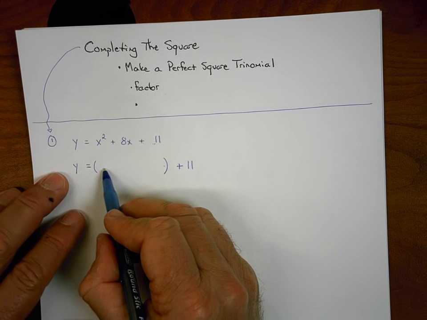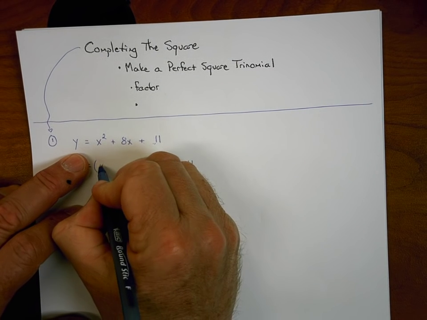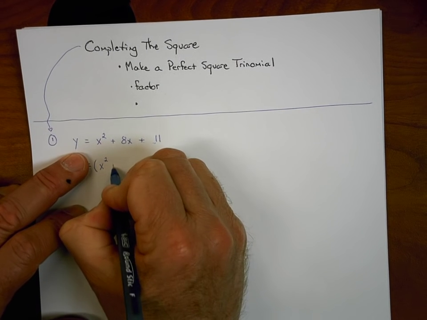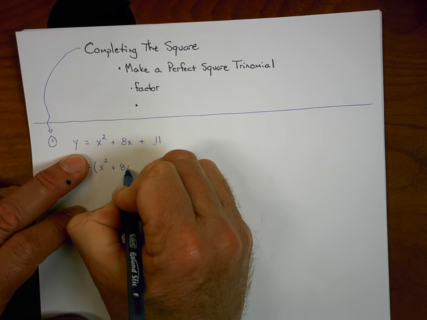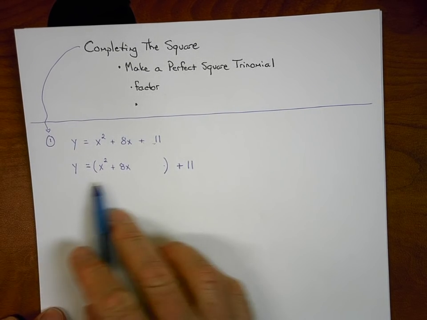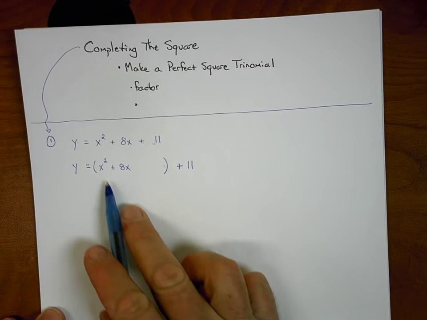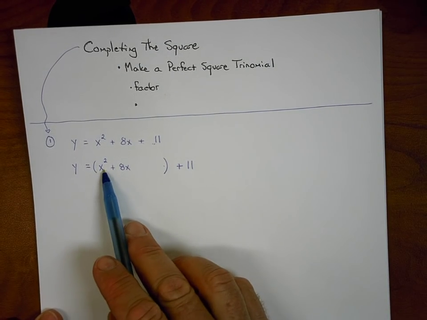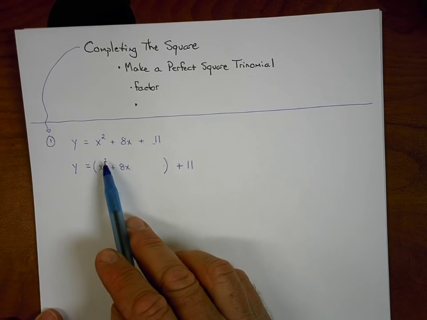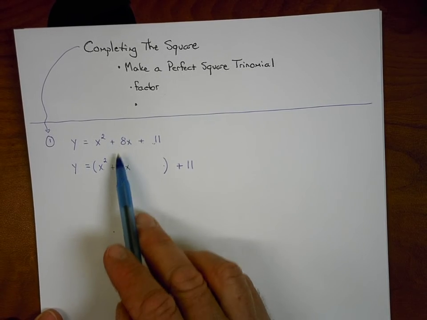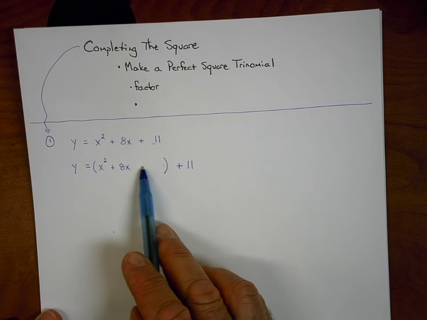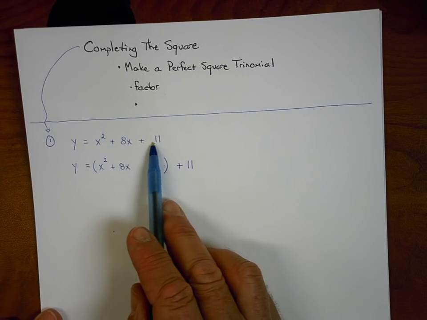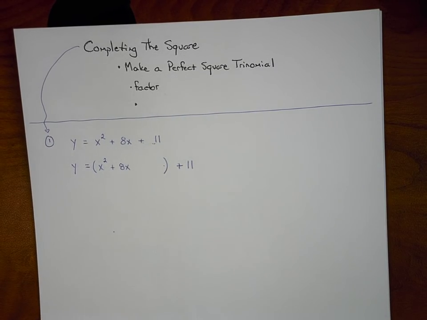And on the inside of the parentheses, write the x squared part, and then the plus 8x part. Okay, so whenever you're completing the square, this is always your first step. Put a parentheses, write the x squared part and the bx part in your parentheses, leave a space, and then take the c part and put it outside the parentheses.